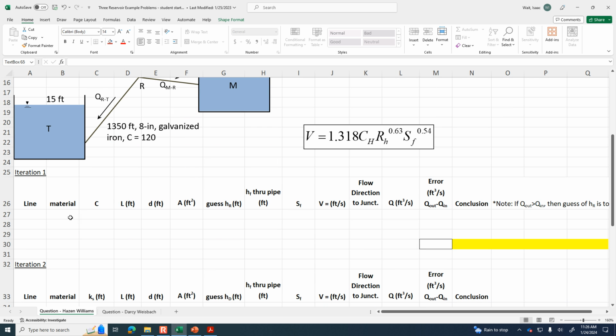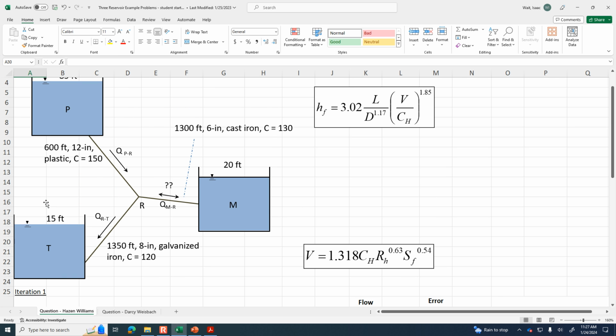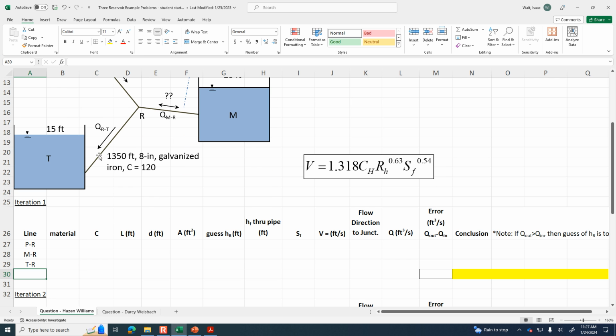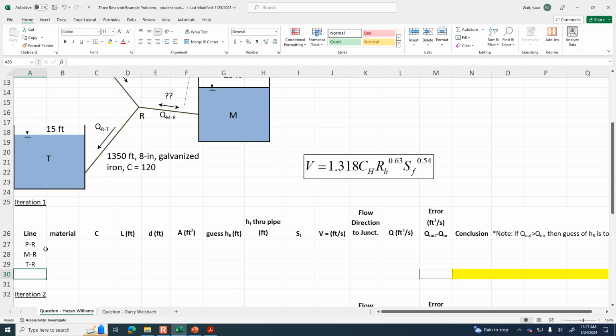Okay, so the lines that we have: line PR, line MR, and line TR. Those are the pipes that we've got. We just name them in the direction of the junction name first, and then the reservoir name.